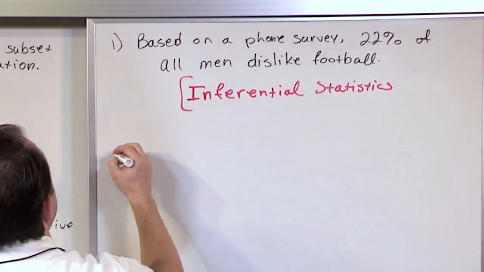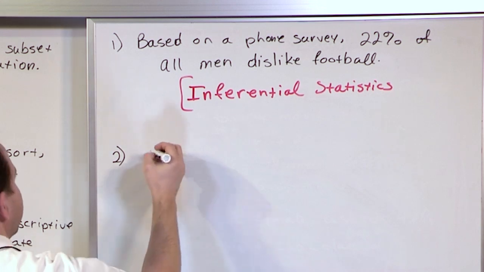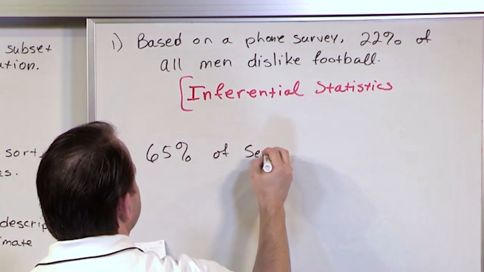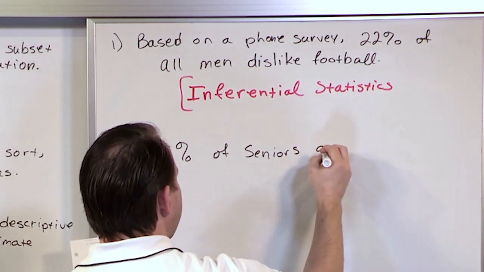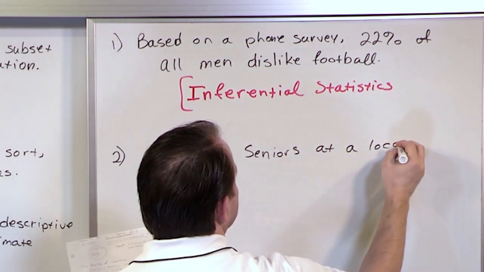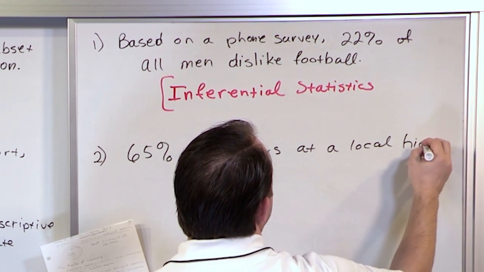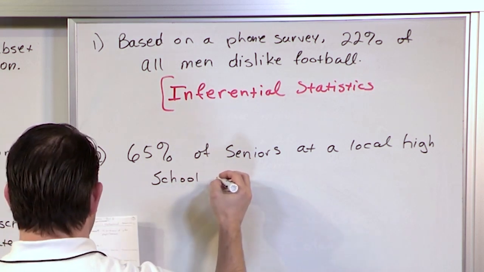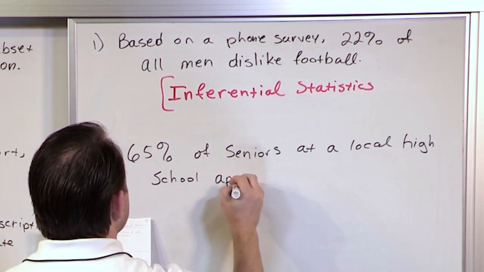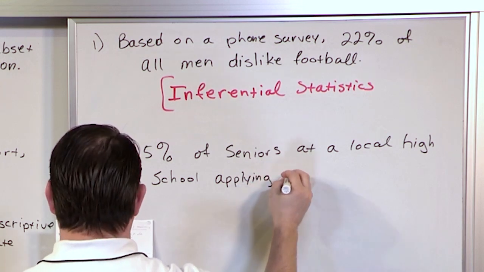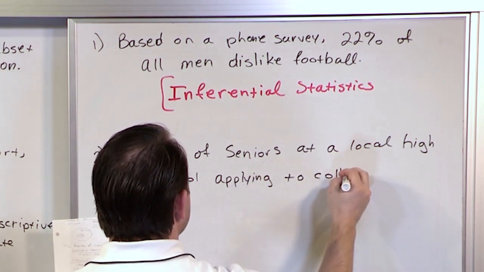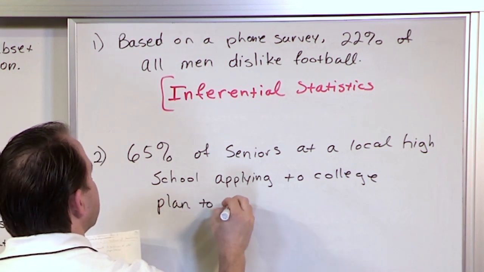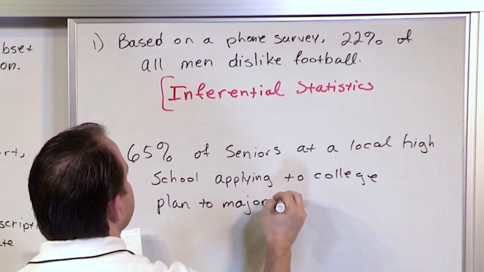Now, the second problem, just to drill this in, is: 65% of seniors at a local high school applying to college plan to major in business.